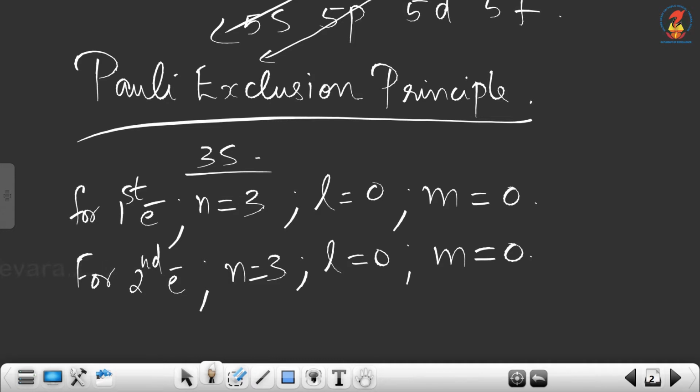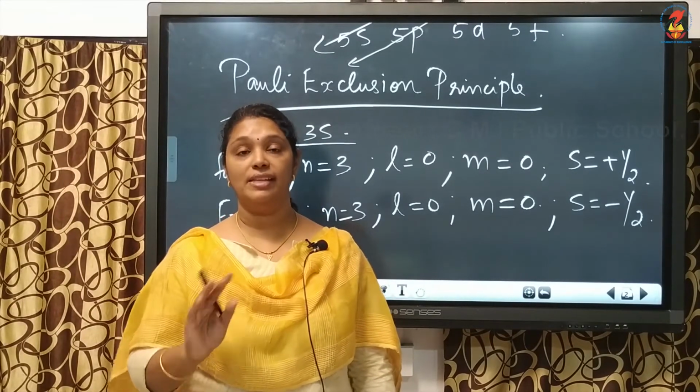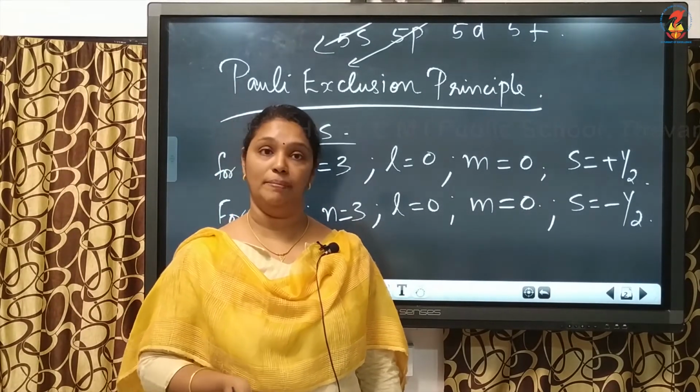So three quantum numbers are the same, but the fourth one, spin, will be different. For the first electron, if the spin is plus half, then for the second electron the spin will be minus half. So this is Pauli exclusion principle. No two electrons in an atom can have the same set of all four quantum numbers.